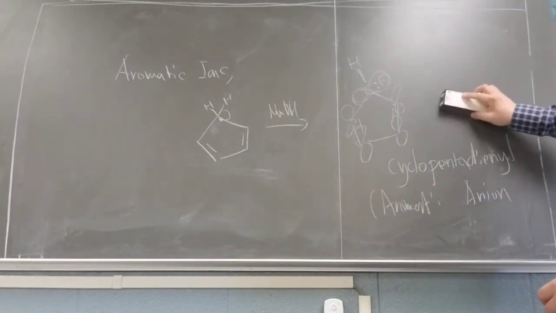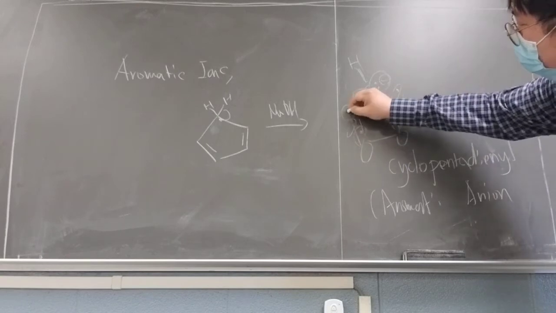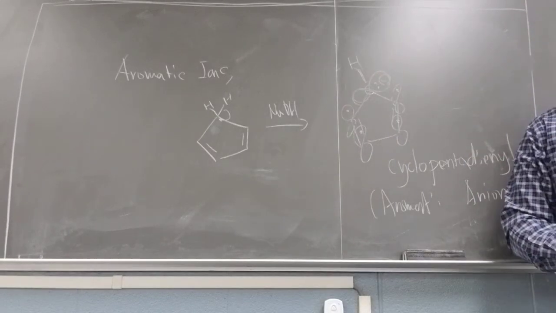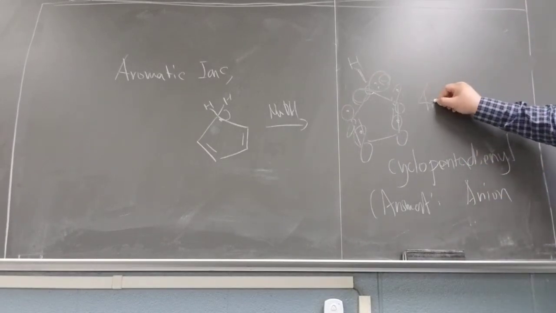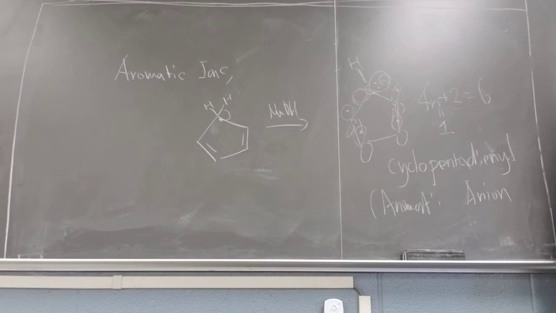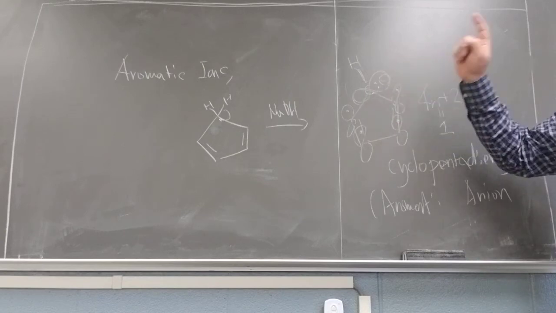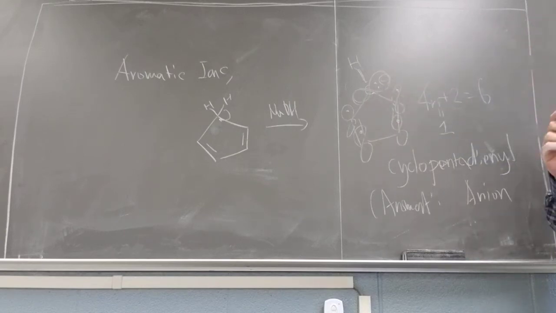If you count, there's 1, 2, 3, 4, 5, and 6. So it's 6 now, not 4, because of the lone pair on this carbon. It's kind of tricky, isn't it?